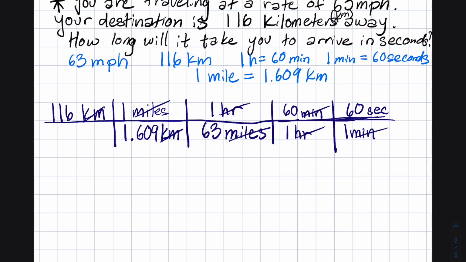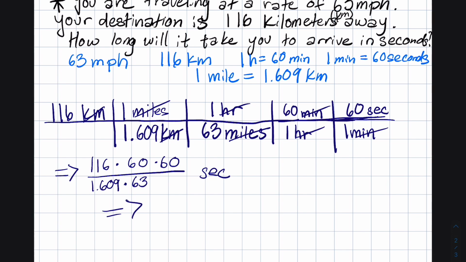Now we can cross out kilometers, miles, hours, minutes, and we're left with seconds. And now we can multiply. So we have 116 multiplied by 60 multiplied by 60. Then we divide that by 1.609 multiplied by 63.